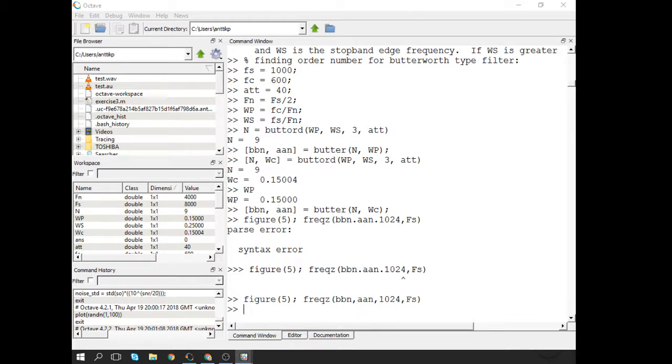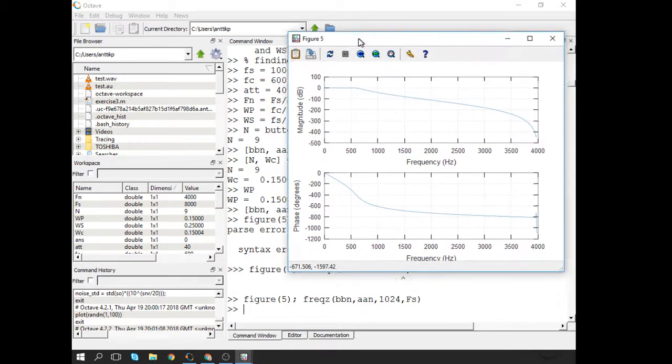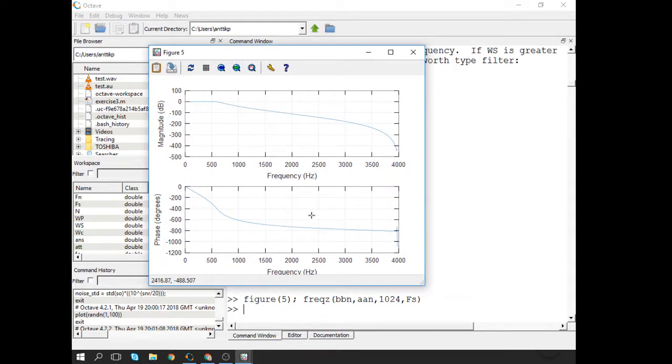Excellent. So 600 hertz cutoff frequency, and then at 1000 hertz I put was it 40 dB? Yep, 40 dB. Yeah, it's about 40 dB on that picture.